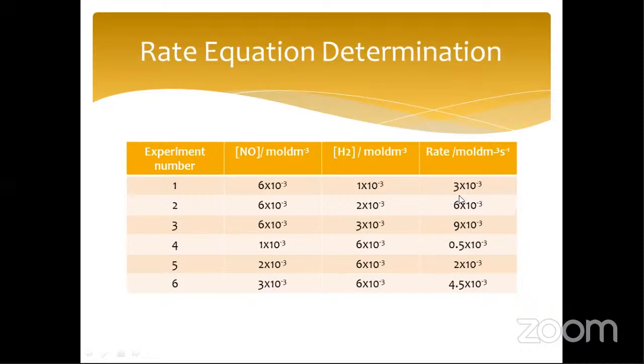The rate for experiment 2 is 6 times 10 to the minus 3. We're going to divide that by the rate for experiment 1, which is 3 times 10 to the minus 3. And that should also give us a factor of 2. So if I divide the 2 from the rate by the 2 from the concentration, I get a value of 1.